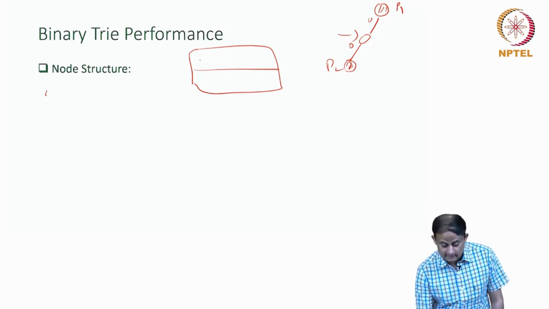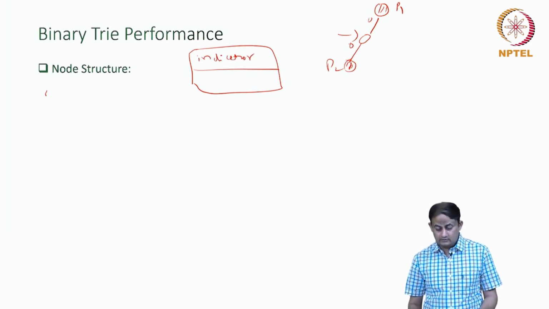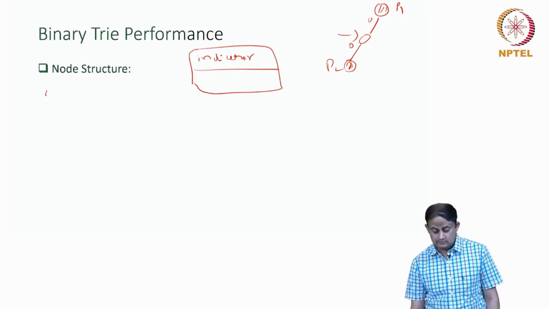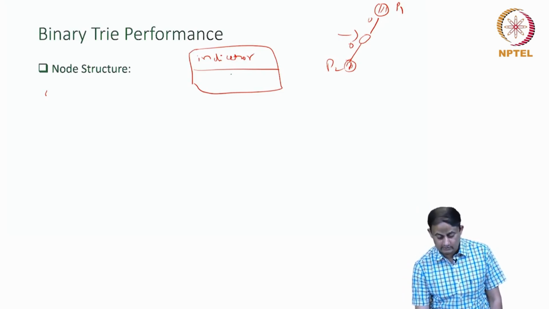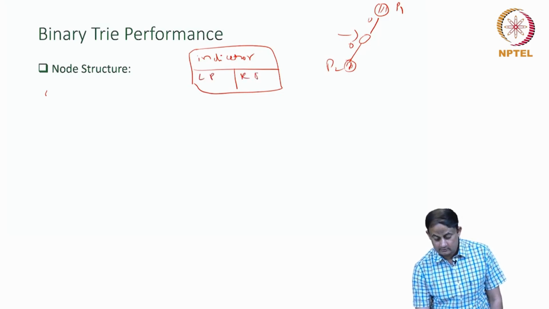So I can have an indicator variable to indicate whether this is representing a prefix or not, and then each node can have two children. So we will have two pointers, one the left pointer and the second one the right pointer.